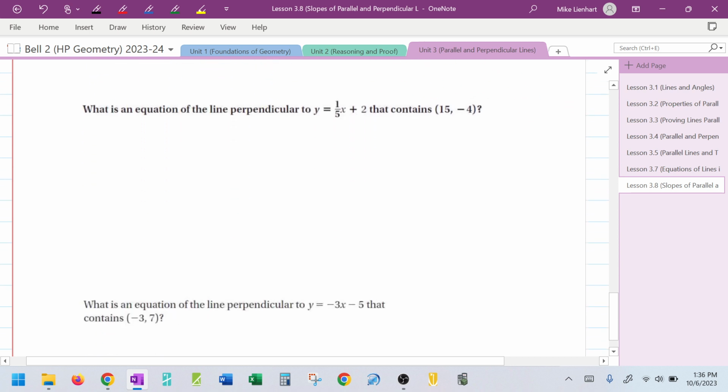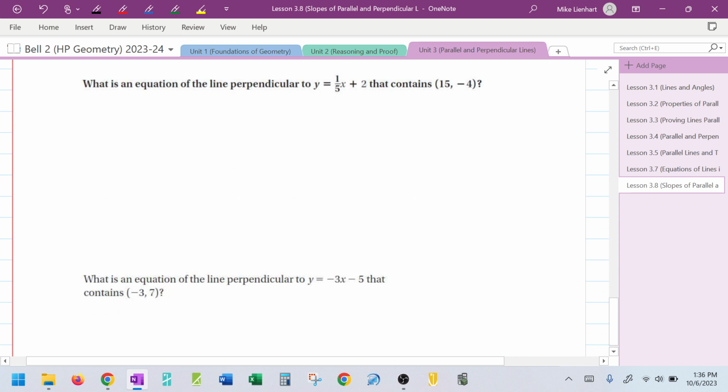Okay, what about writing the equation of a perpendicular? All right, so I know to write the equation of a line, I need a point and the slope. The slope that I need now is a perpendicular slope to this given line. So if this given line has a slope of 1/5, the perpendicular slope would be negative 5 over 1, or just negative 5.